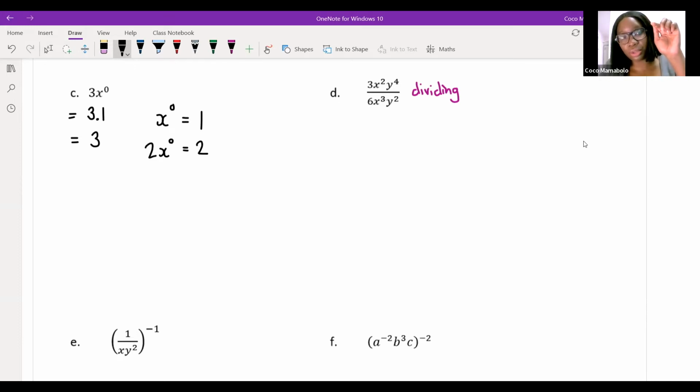So my answer here is going to be 2. However, if I said (2x) all to the power of 0, the whole thing to the power of 0, now everything in the bracket is going to equal 1. And the reason for that is because we're going to distribute.